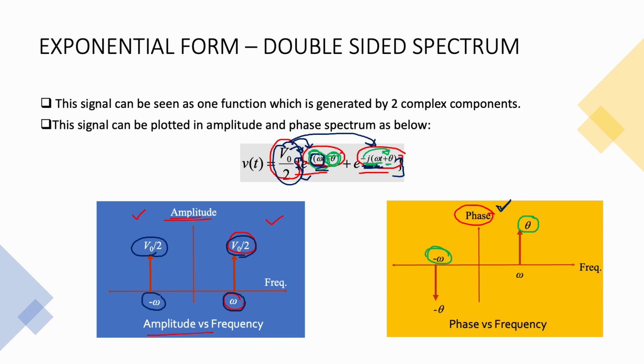Although it is positive, we have a negative outside here. So when we expand the equation, it will become j omega t plus minus j theta. We can ignore the j because of the imaginary, we just take the value of theta. Since it is negative, it is going to be pointed downward.